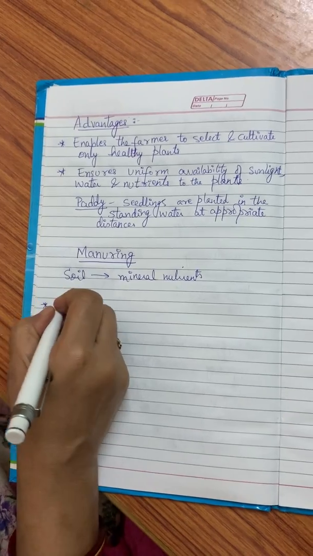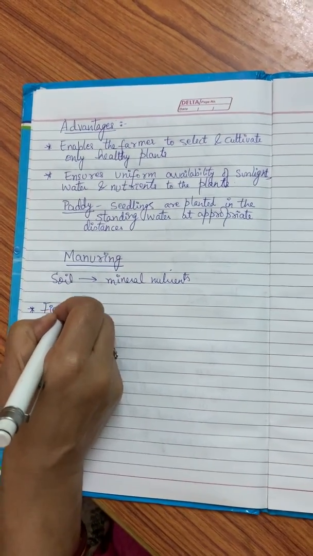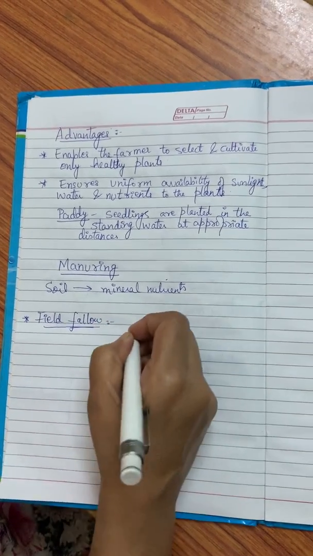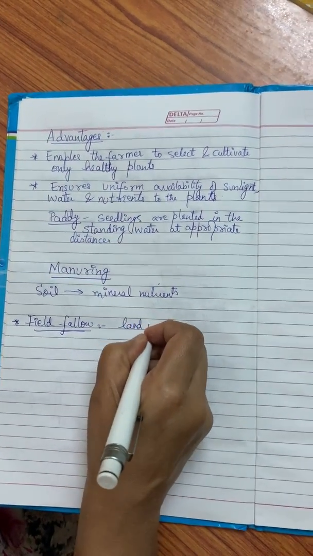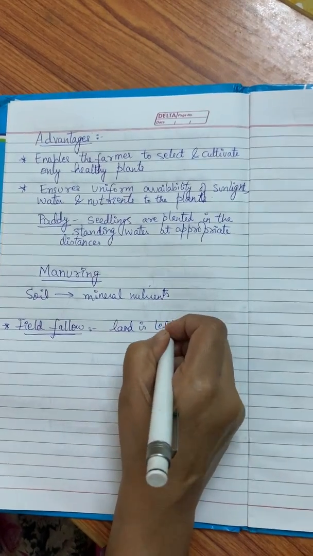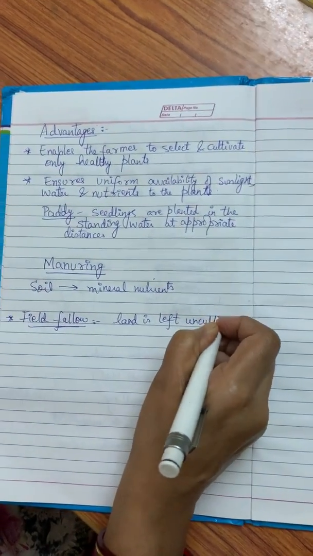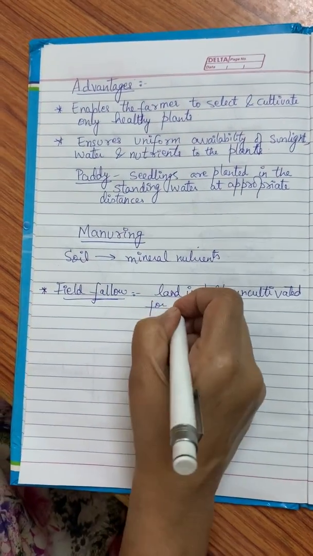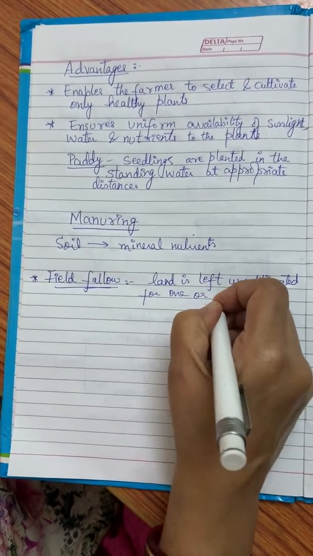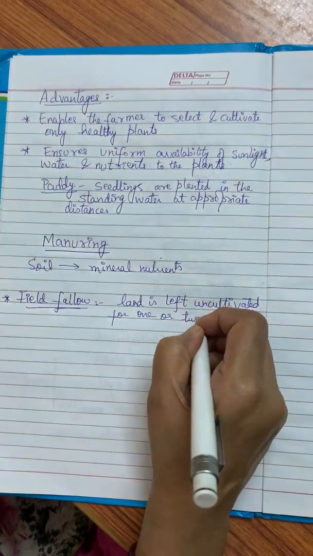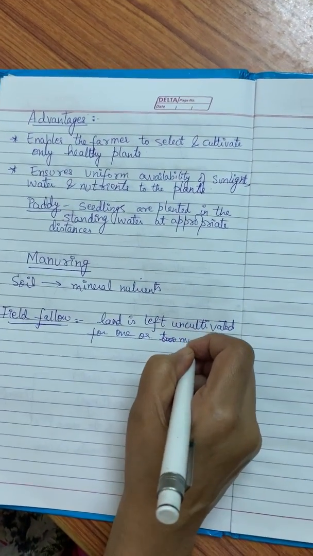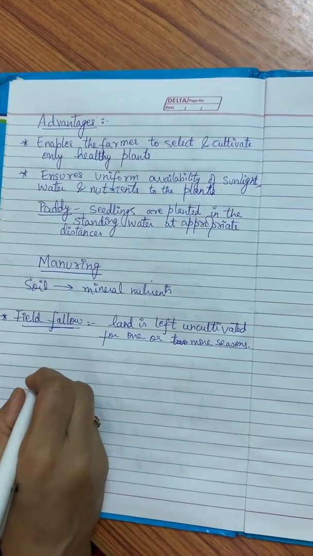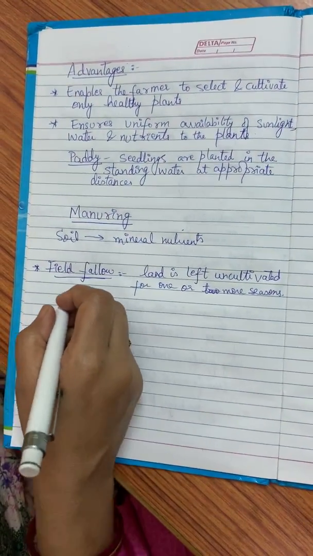The methods are: number one is field fallow. In this, the land is left uncultivated by the farmer for one or more seasons. Normally this is not practiced in our country, less practiced because the farmers are not very rich.